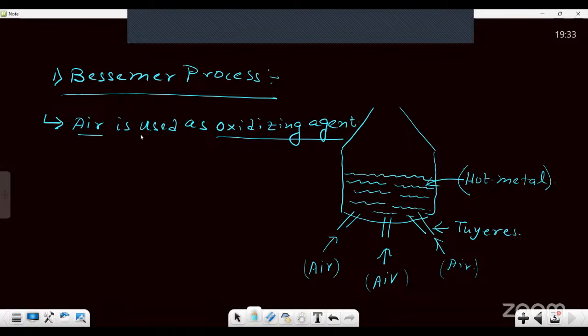We know that air is not pure oxygen. A lot of nitrogen is also inevitably there in the air. So what is going to happen is that pure oxygen is not available.